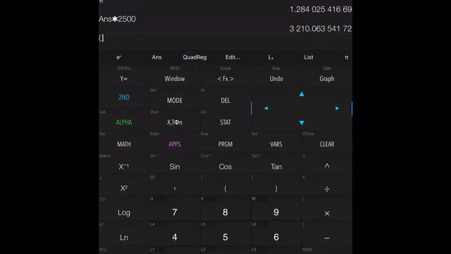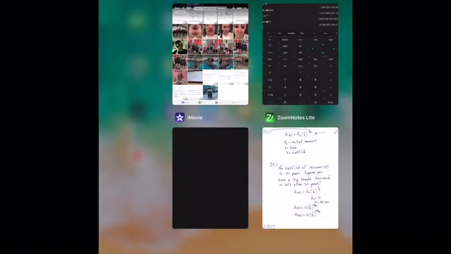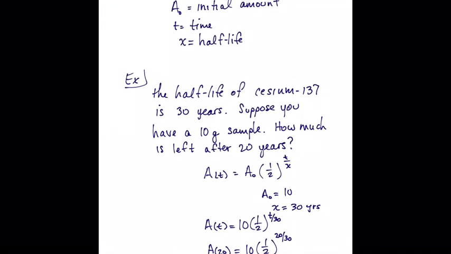So a base of 1/2 raised to 20 divided by 30 is 0.629. And that's going to be multiplied by the initial amount, 10 grams. So 6.3 grams.